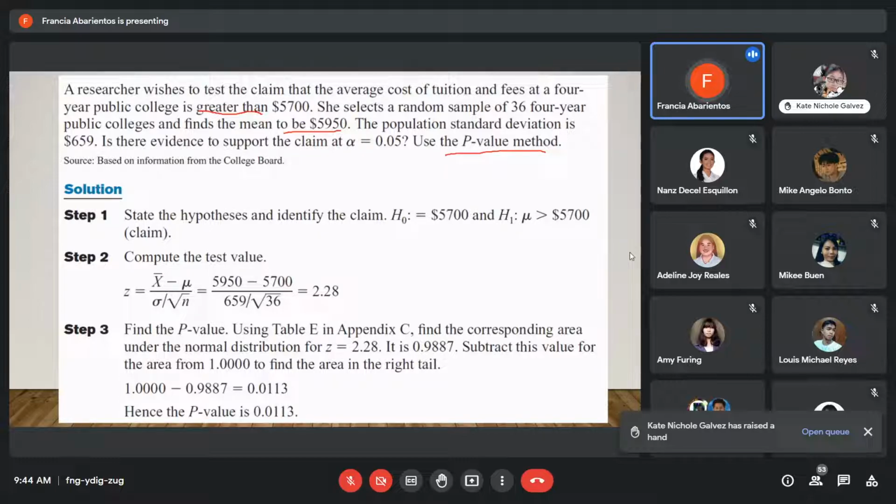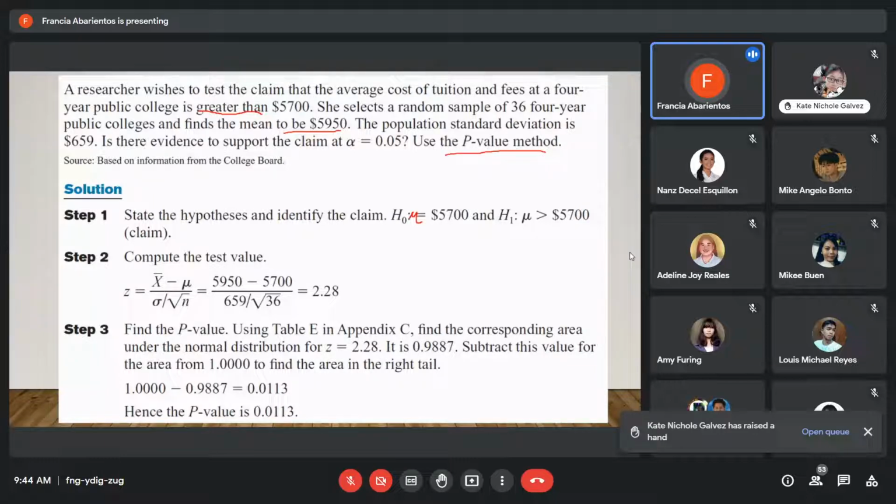First, we need to state the hypotheses and identify the claim. The null hypothesis is that the mean is equal to 5,700.